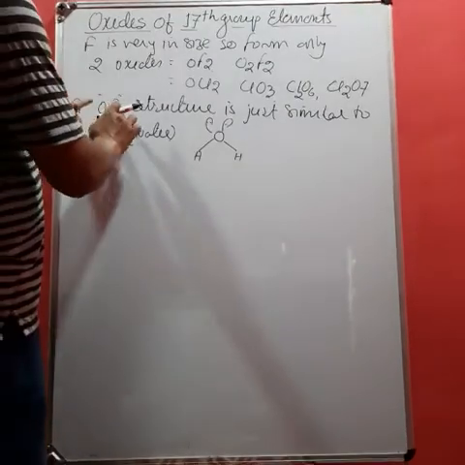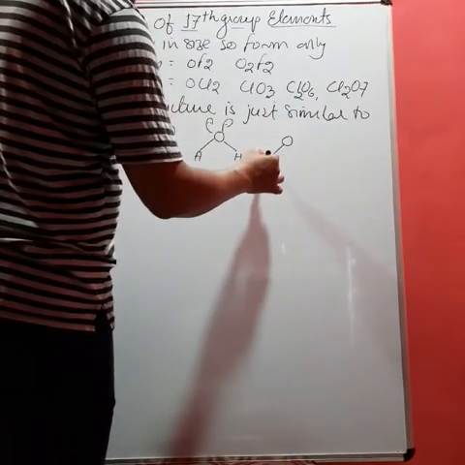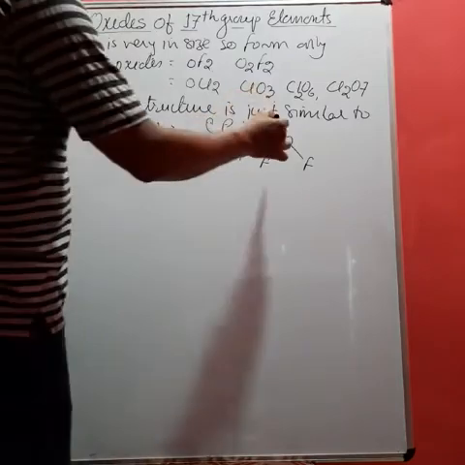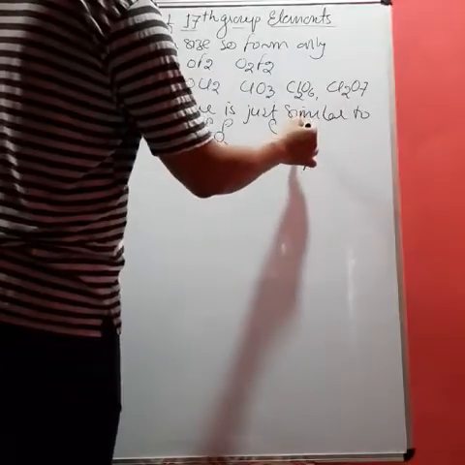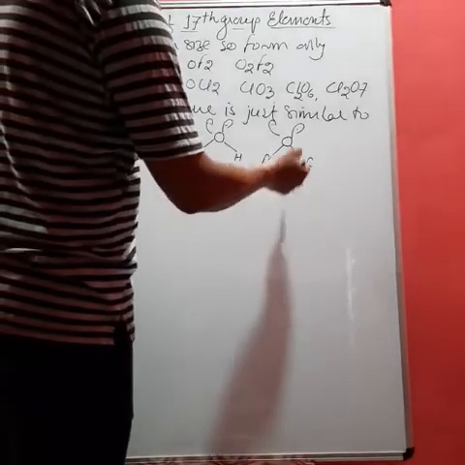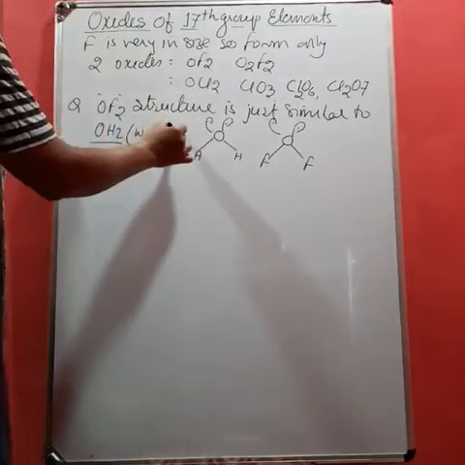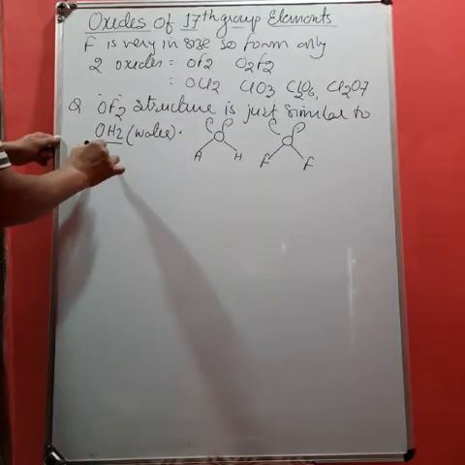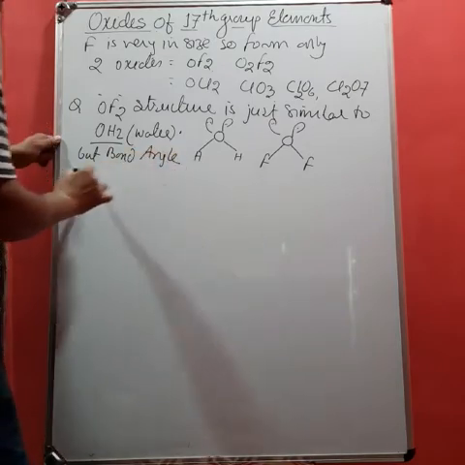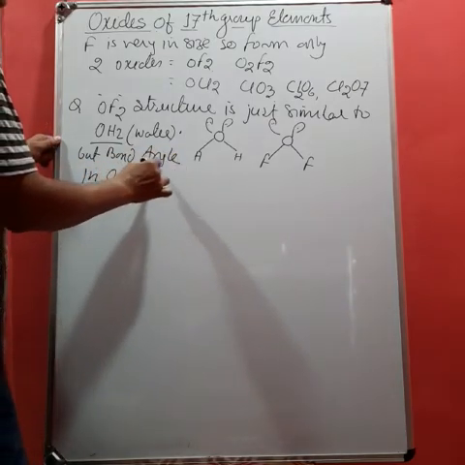Similarly, in the case of OF2, again the oxygen is the center atom. Fluorine is again very small in atomic size, along with the two lone pairs present. However, the bond angle in OF2 is a little lesser than water. The bond angle in OF2 is lesser.